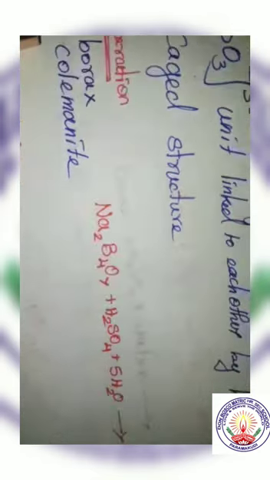Next we shall see about the properties of boric acid. First it is colorless. Second, transparent crystal. Third, weak monobasic acid. Fourth one, instead of donating proton, it accepts hydroxyl ion.